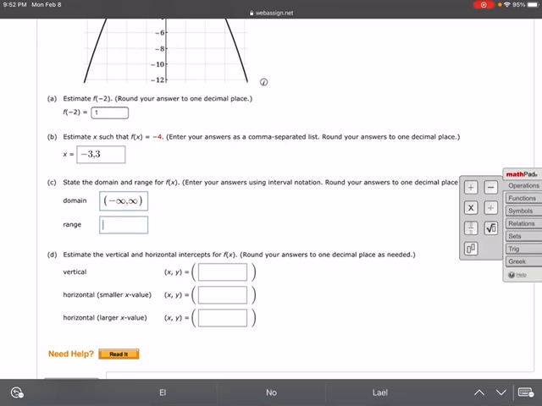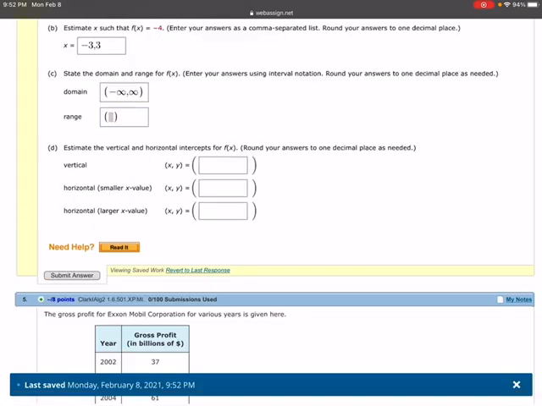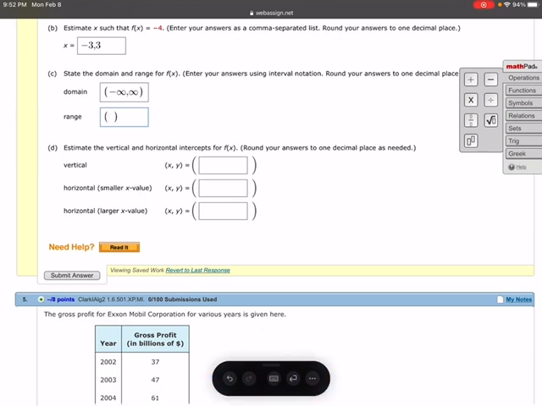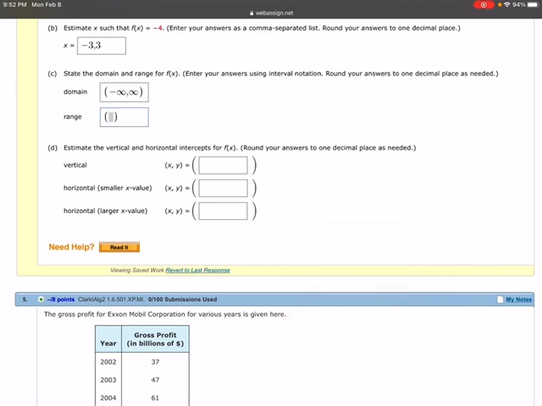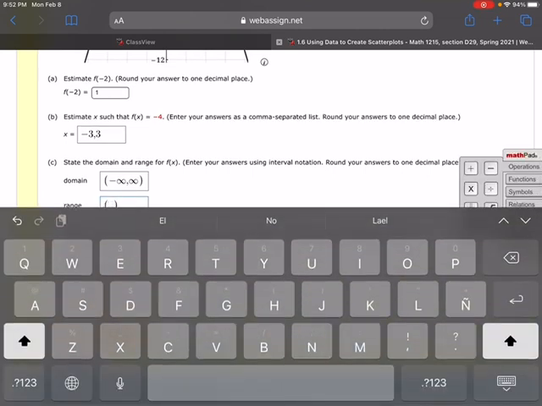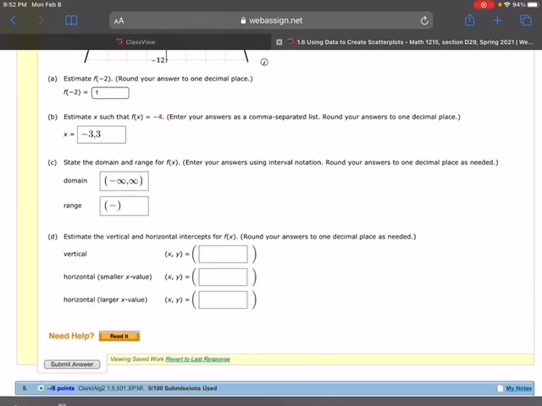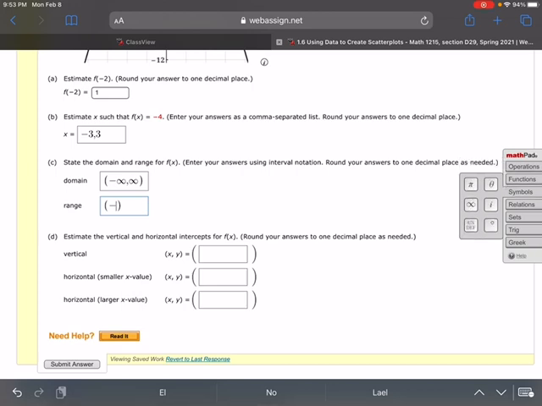The range goes down forever, negative infinity all the way to 5.